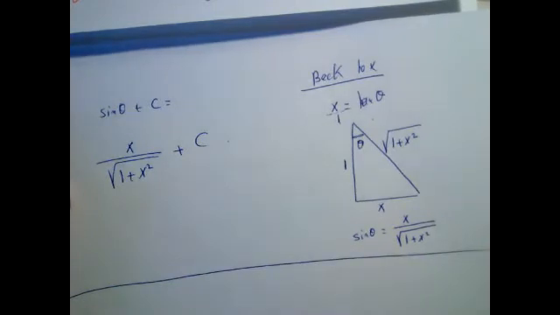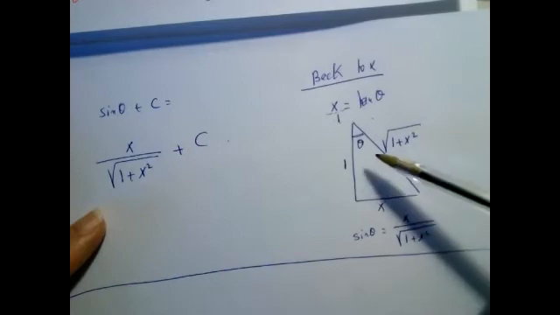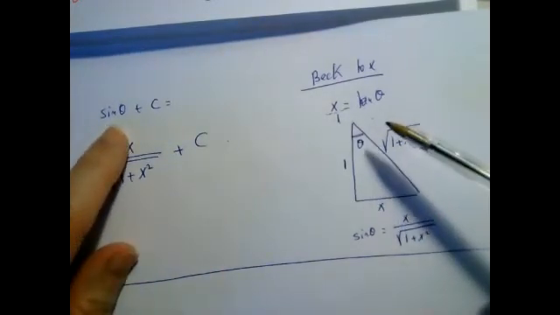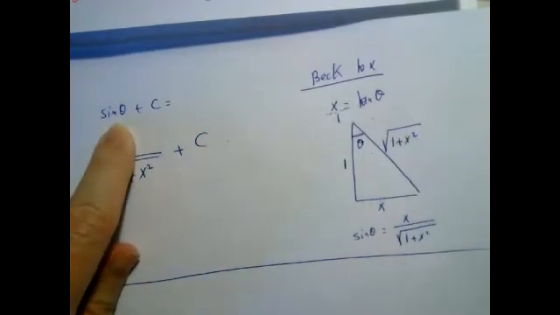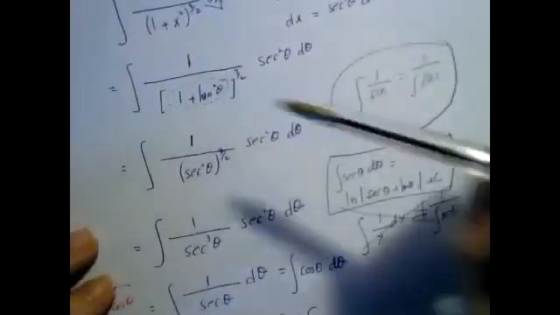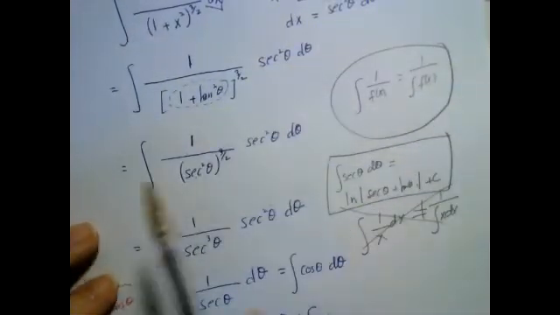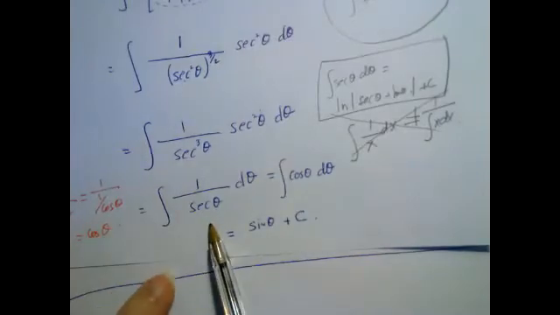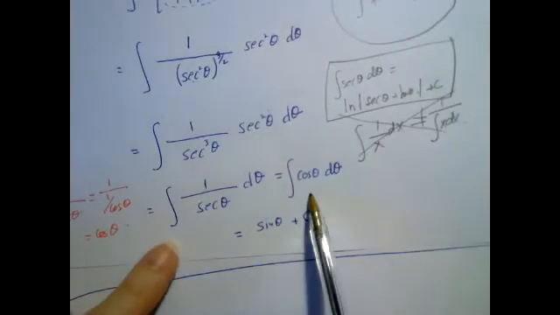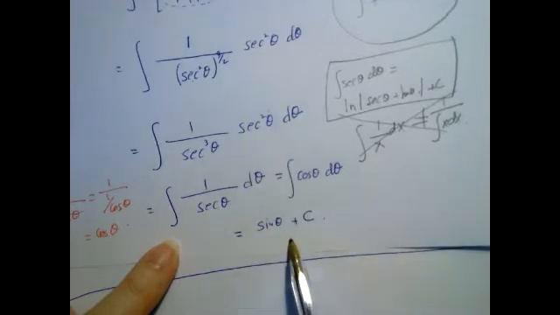One more question. Why is it x over square root of 1 plus x squared? What's the sine of theta? Because the antiderivative ended up to be the sine. Let me go back to the picture. We integrated. We got 1 over secant, but 1 over secant is actually a cosine. The derivative of cosine is the sine of theta. I have to go back to my original variable x.